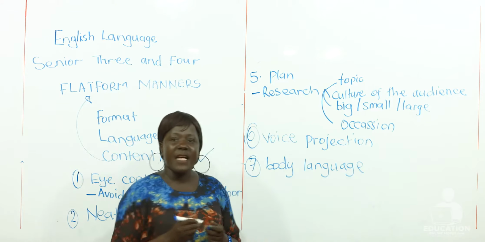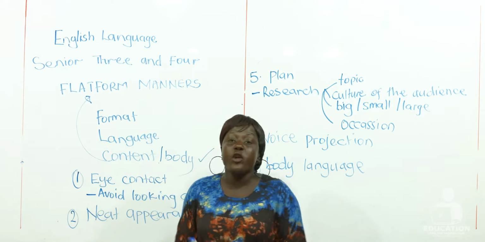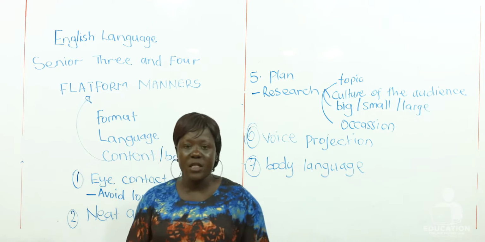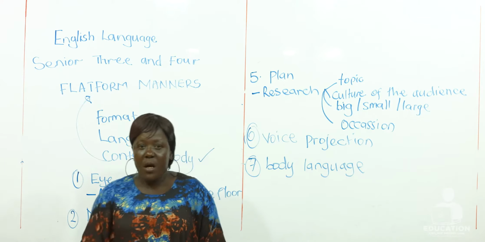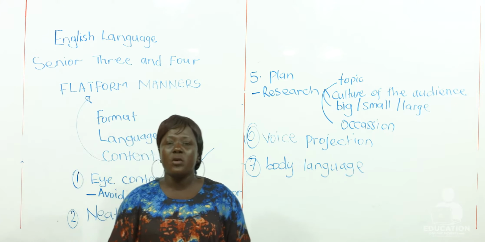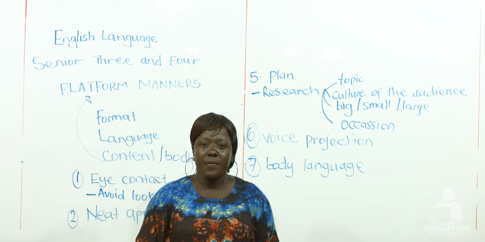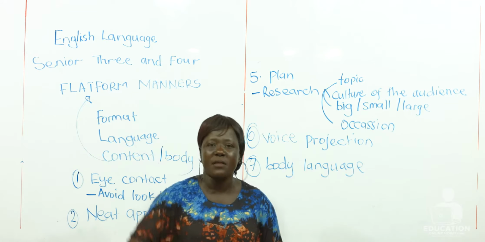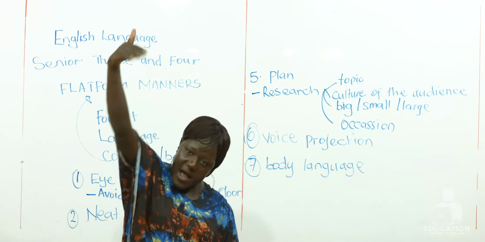Body language here, my dear learners, is the way you use your body to speak without using words. For instance, if you want to show that there is something above, you can use your hands by raising them.